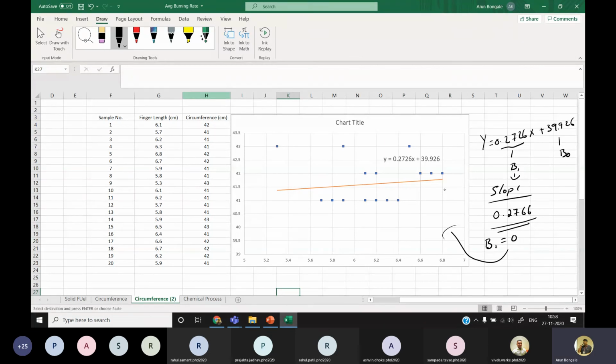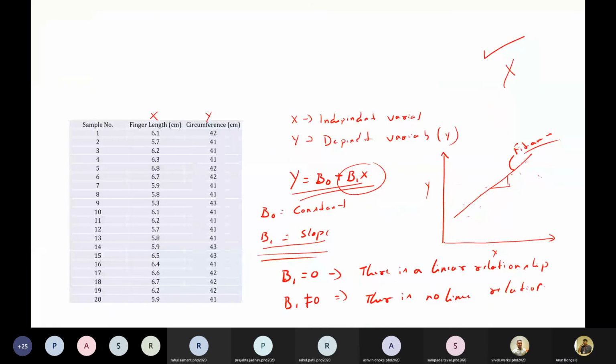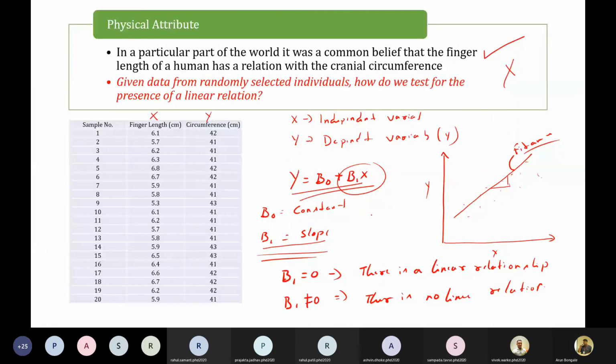Since the slope B1 is not equal to 0, the statement they have made is wrong. There is no linear relationship which can relate the finger length with the circumference of the head, right? So this is how such a type of problem should be solved.